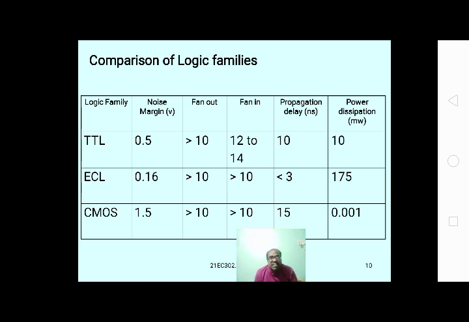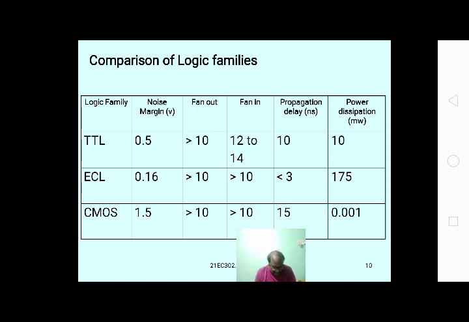Now for CMOS, noise margin is 1.5 and noise immunity is very good. Only for ECL is noise immunity poor; for TTL and CMOS it is very good. Next, fan out is greater than 10, and in most cases it is greater than 50 also. Fan in is greater than 10.